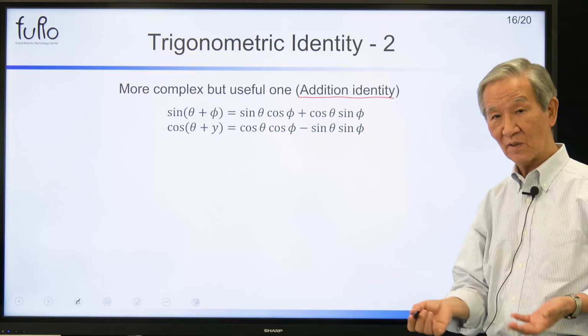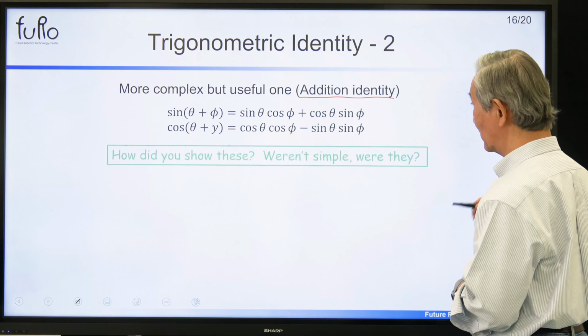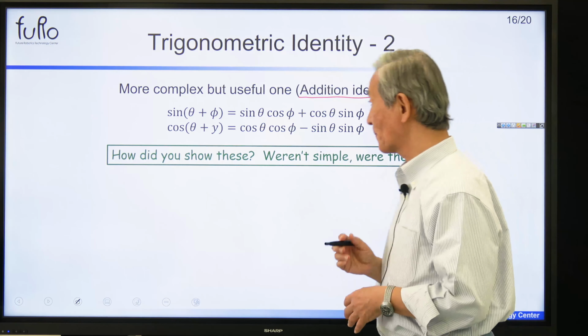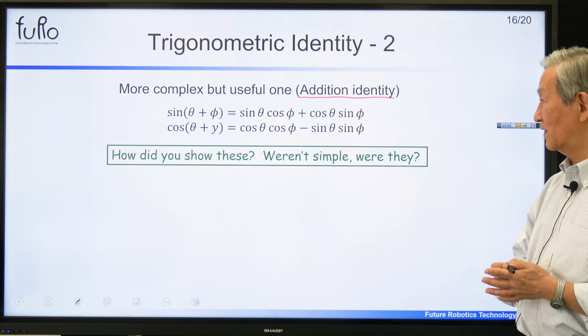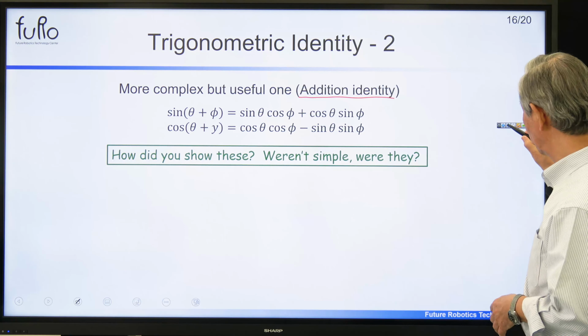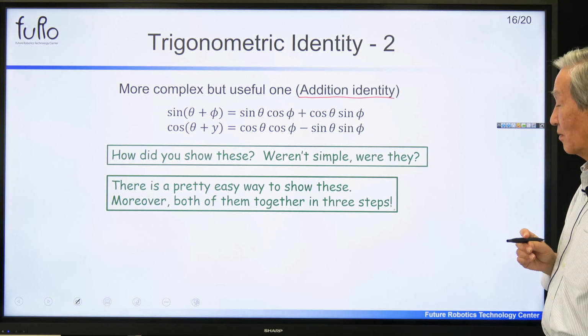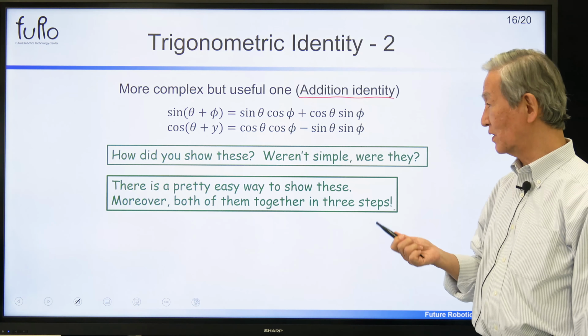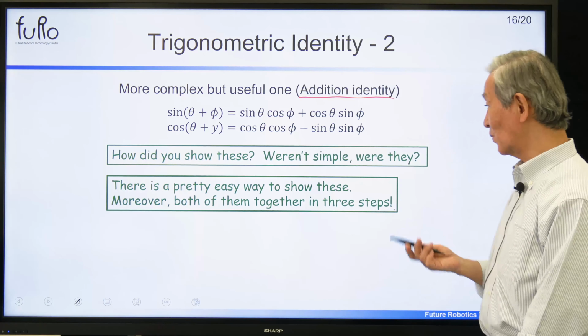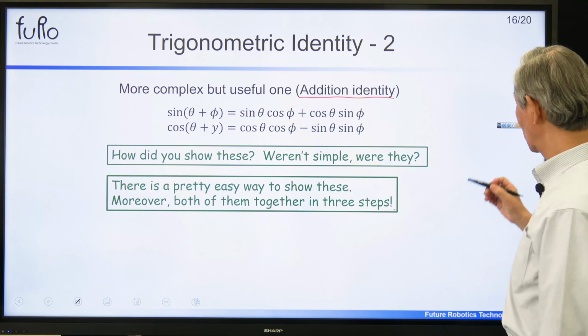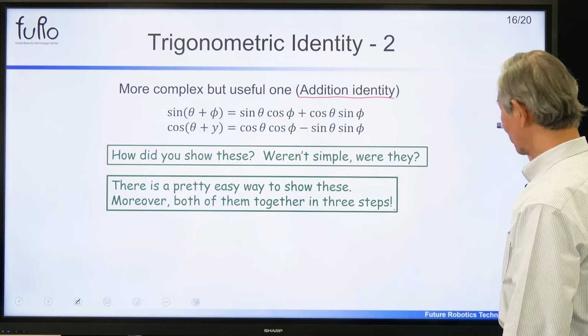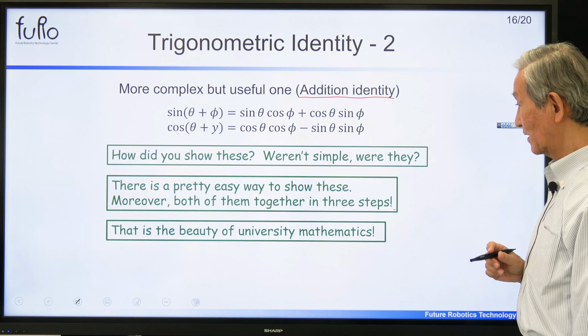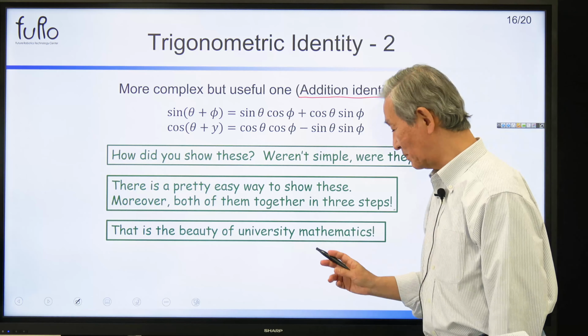How? There's an easy, very nice way. But in high school, it is not easy. It's not simple at all. Okay? But at the university, you will learn a very easy, nice way. Only 3 steps. That is the beauty of university mathematics.